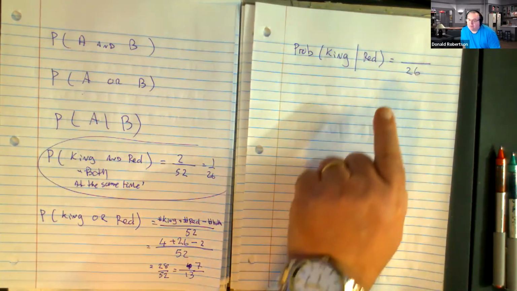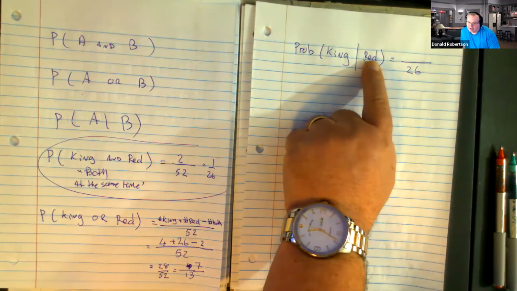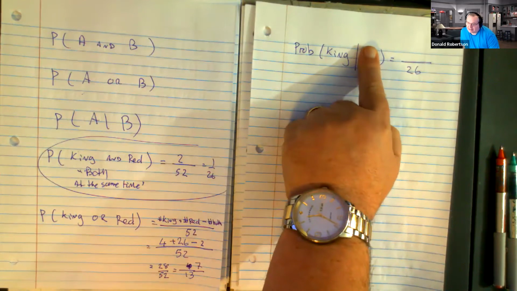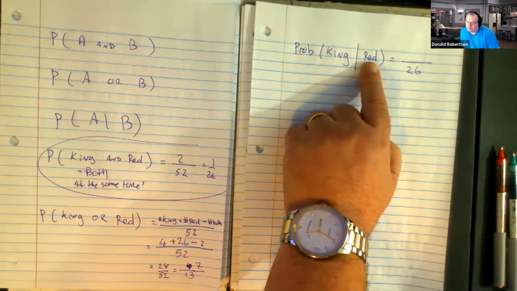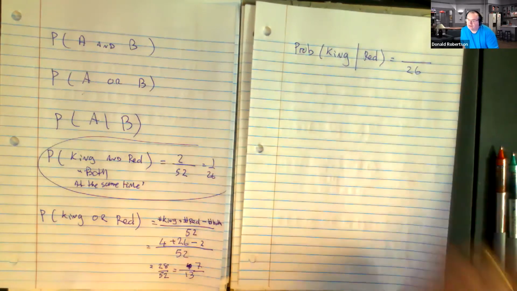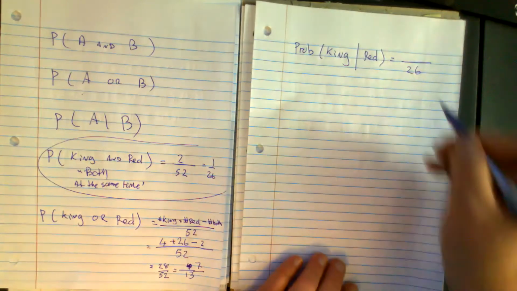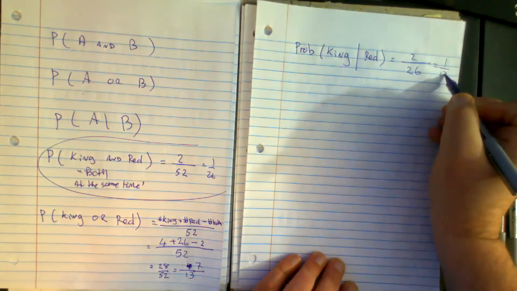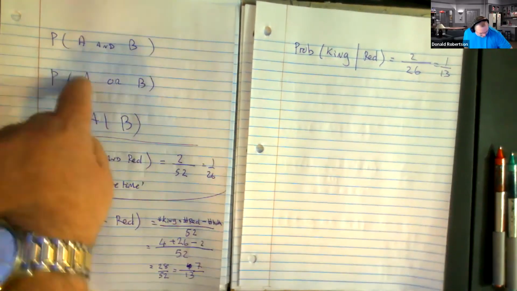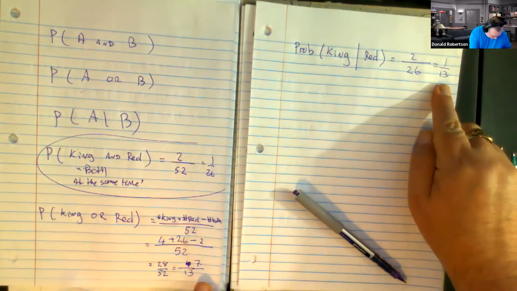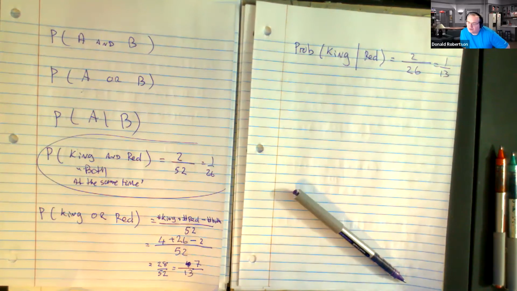And now you have to remember that you're only talking about red cards when you go here. Now, normally when I say, what about a king? Wouldn't you say 4? Because there's 4 kings. But now I'm telling you it's red. How many of those are kings? 2. And so 1/13. Do you see how the same pieces of information interact in different ways?